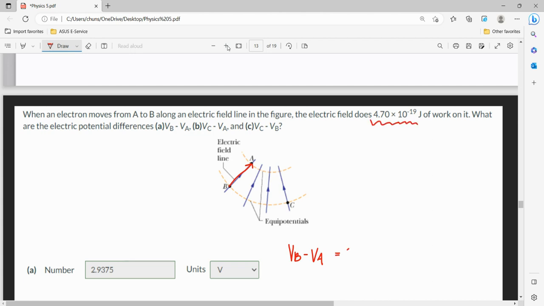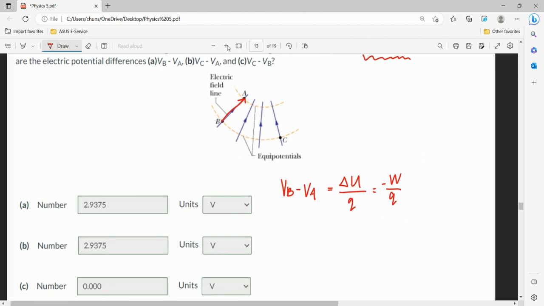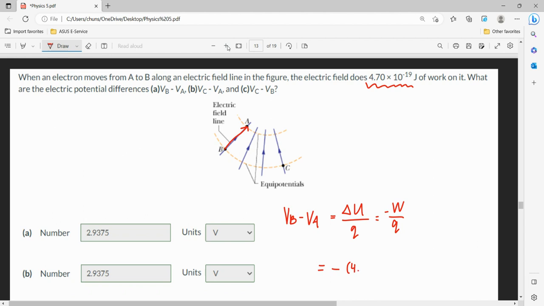So this is equal to our change in electric potential energy over Q. And our change in energy is equal to negative work over Q. And we have those two values. So we have negative 4.7 times 10 to the negative 19 joules.